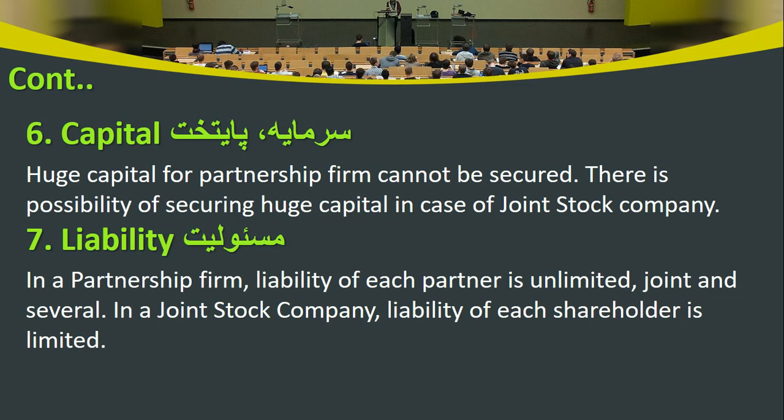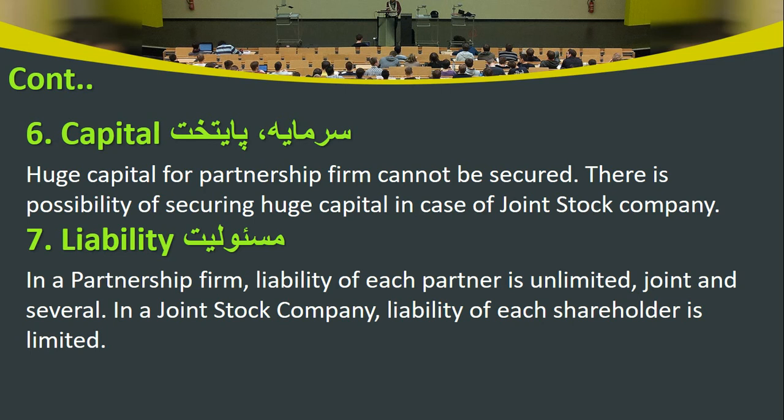They just issue the shares and earn the money. So capital can be easily raised in joint stock company, and it's much more secure. While in partnership, there are very few people, they are limited. So if they run out of their money, of course the partnership business will go towards winding up, right?